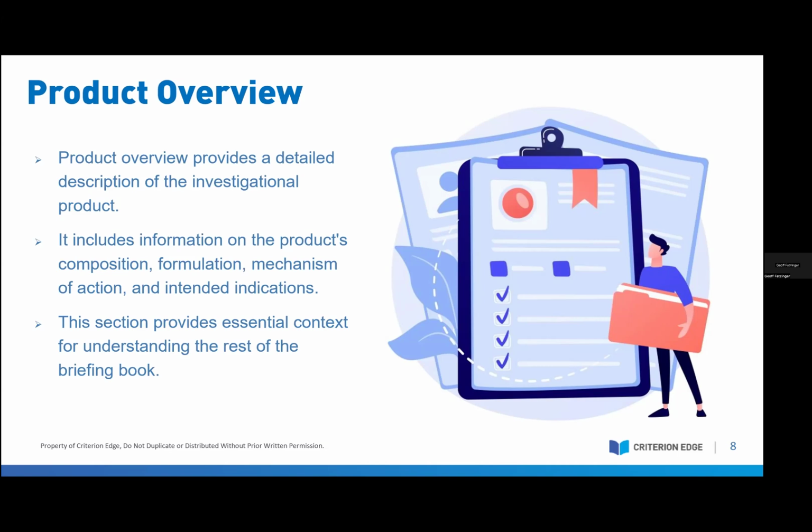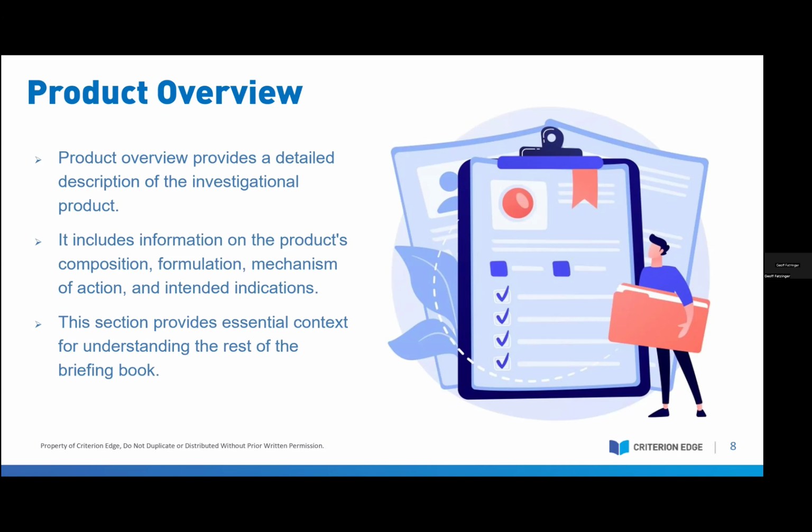The product overview, depending on the type of meeting, pre-IND or a pre-submission meeting like an NDA or BLA, you need to provide enough information to give them an understanding of the development, where it is, how it came about, what you want to do, and why this is important, especially if you're looking at your clinical benefit in a pre-IND.